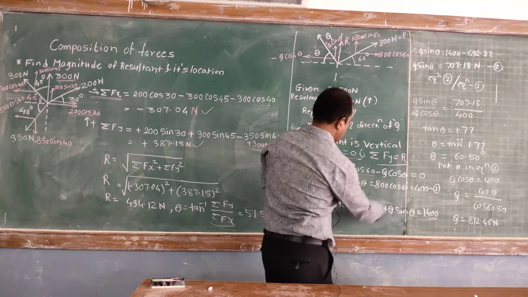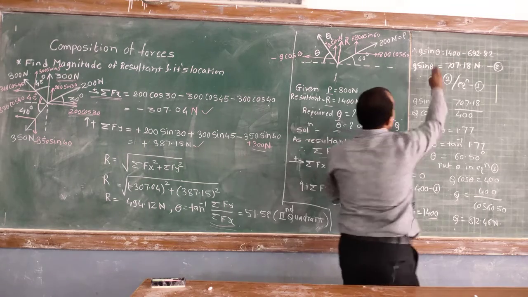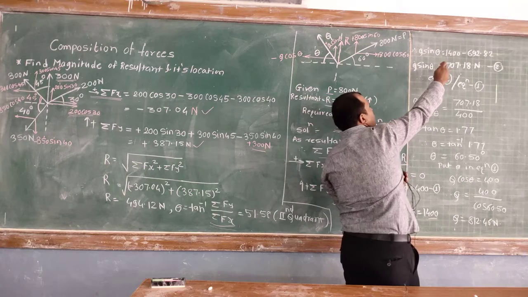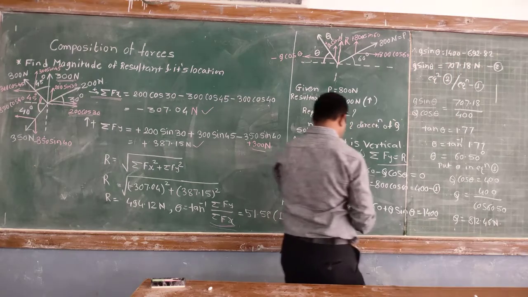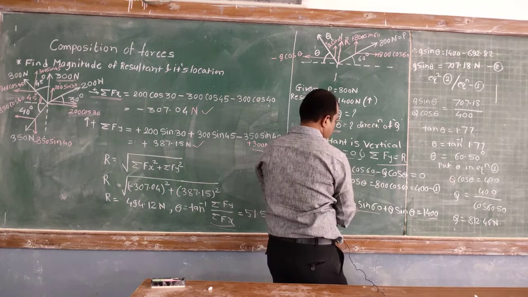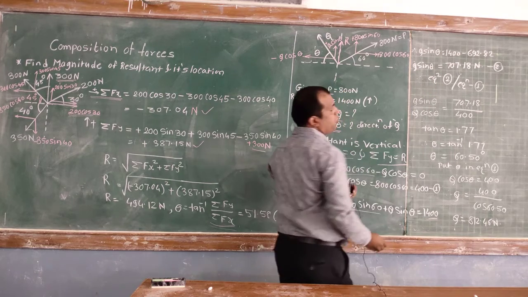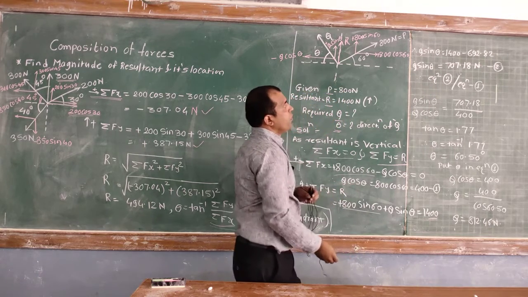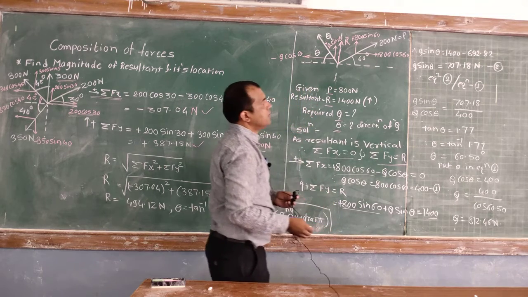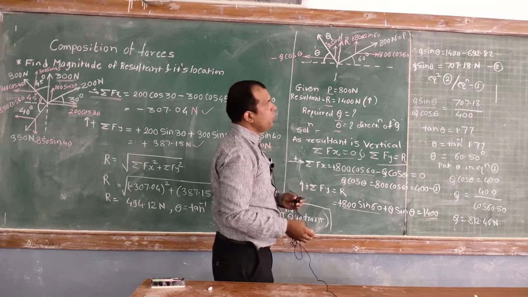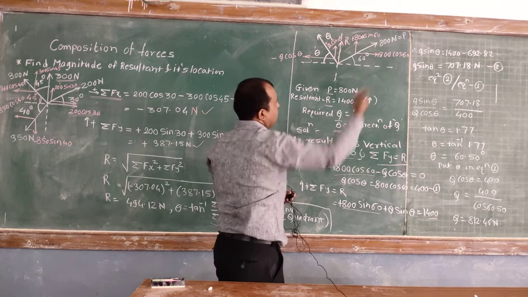Now we have to simplify this equation. Q sin theta is equal to 1400 minus 692.82. If you solve this, you will get Q sin theta equal to 707.18 Newton. Let's call this equation number 2.